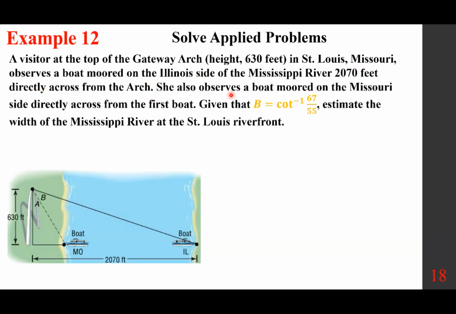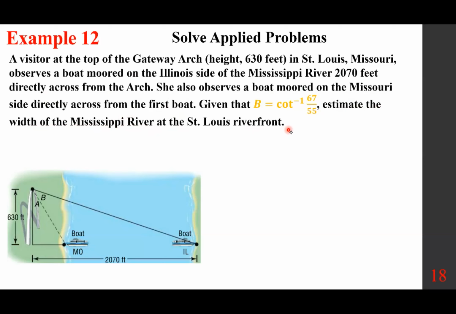She also observed a boat moored on the Missouri side, directly across from the first boat. Given that B is equal to cotangent inverse of 67/55, estimate the width of the Mississippi River at the St. Louis Riverfront. Excellent. Thank you so much.